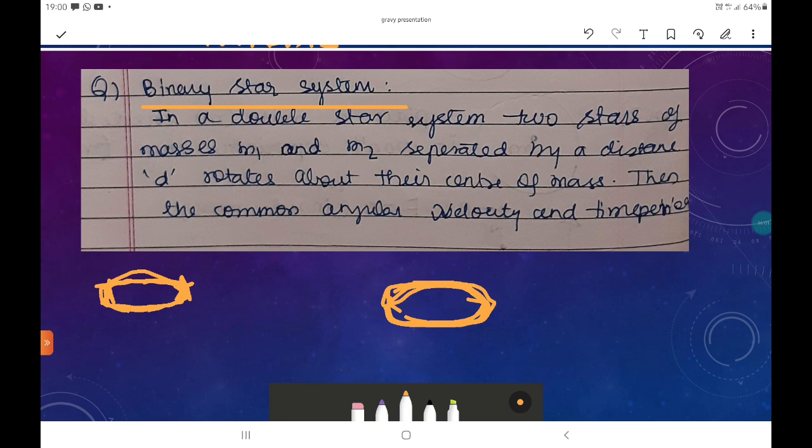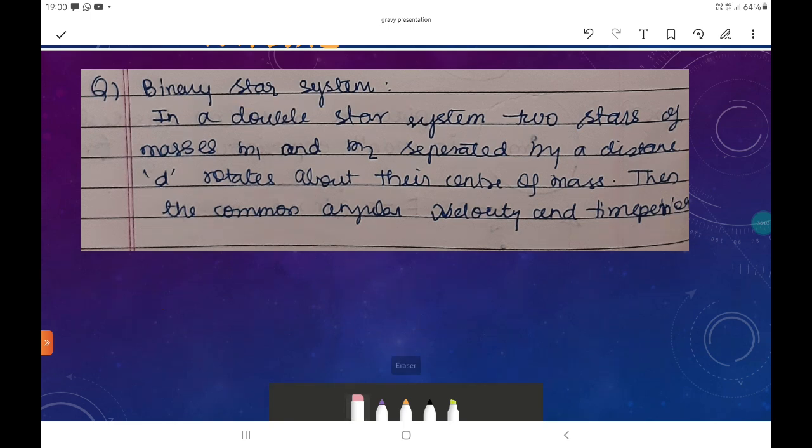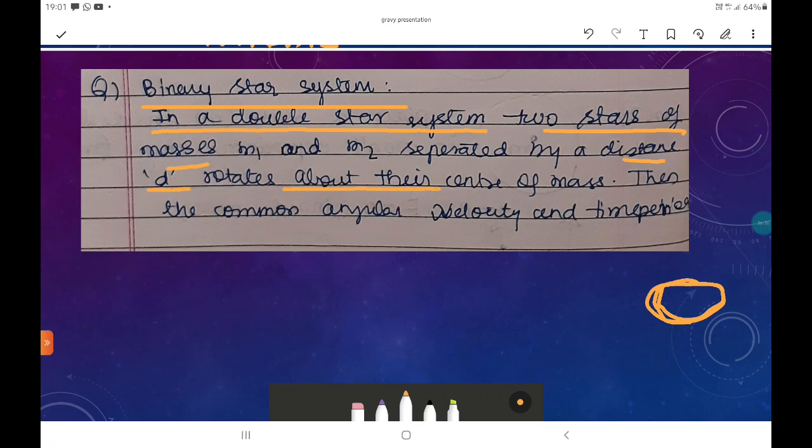So how did we do the previous sum? One sum we did right now, like that only. The binary star system says that the mutual attraction of gravitation between the stars is responsible for their centripetal force. Now, in a double star system, or binary star system, two stars of masses m1 and m2 separated by a distance d rotate about the center of mass.